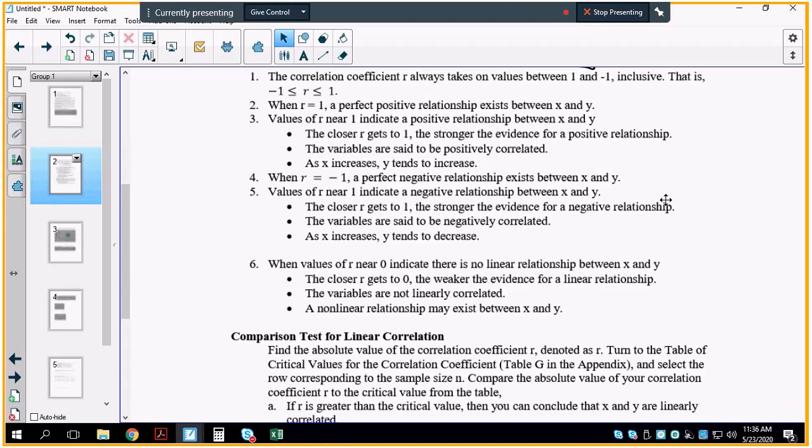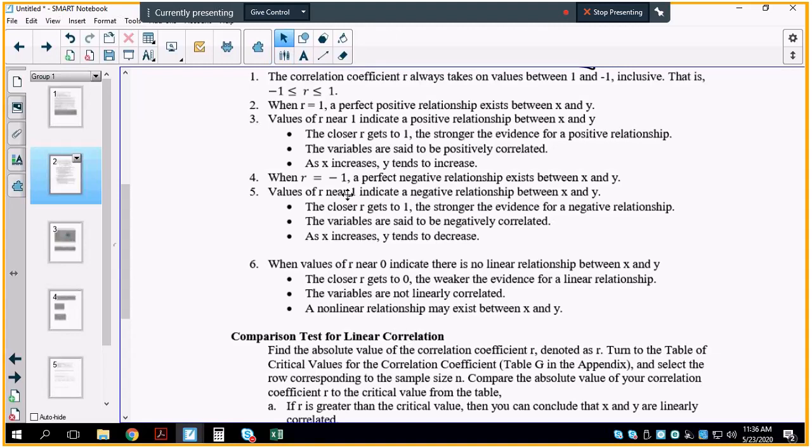Whereas, if the correlation coefficient value is -1, then we say there is a perfect negative relationship between the variables x and y. Values of R near -1, so that must be a typo, it should be -1. Near -1 indicate a negative relationship between x and y variables.